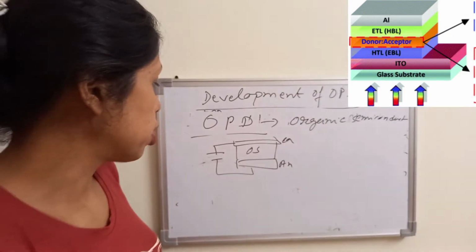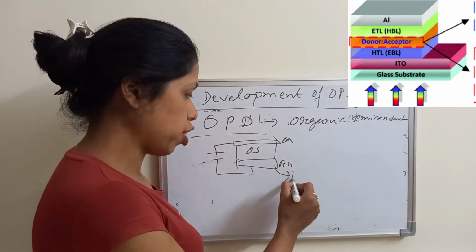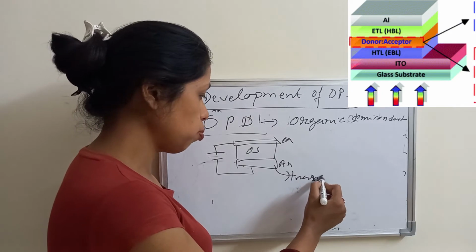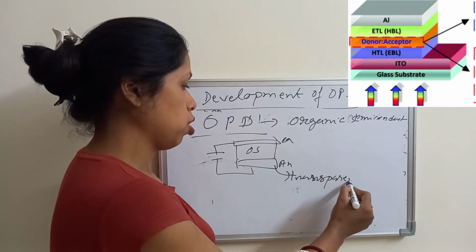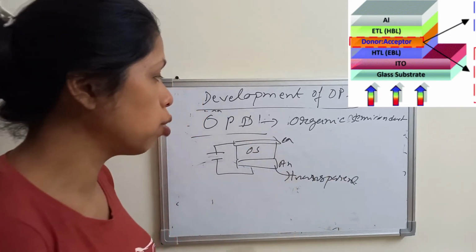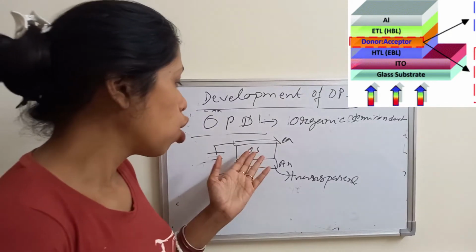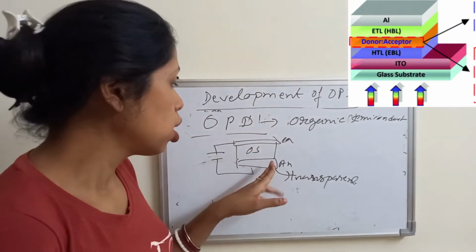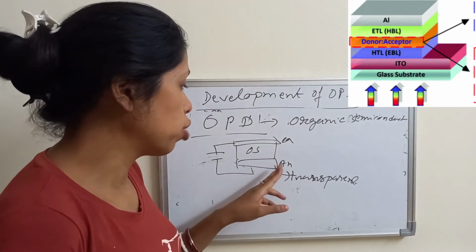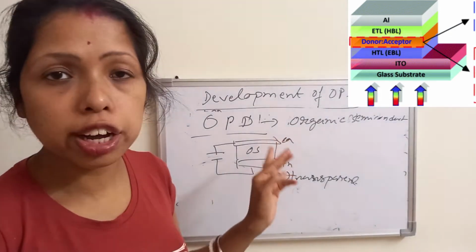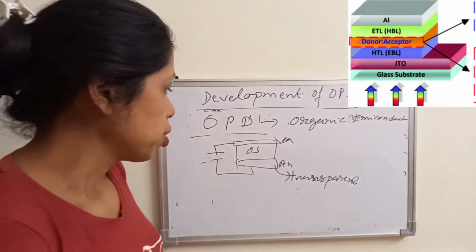One of them should be transparent. All the working principle and performance normally depend on the organic semiconductor, and the energy level alignment between the anode and organic semiconductor, or the cathode and organic semiconductor, right?